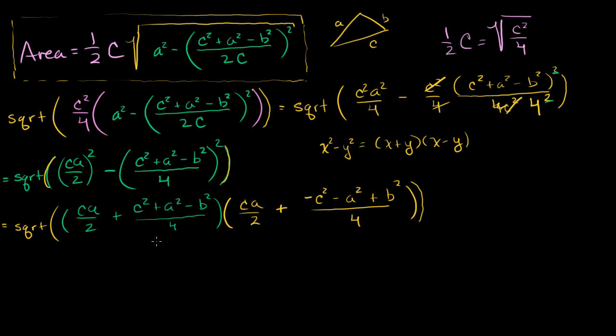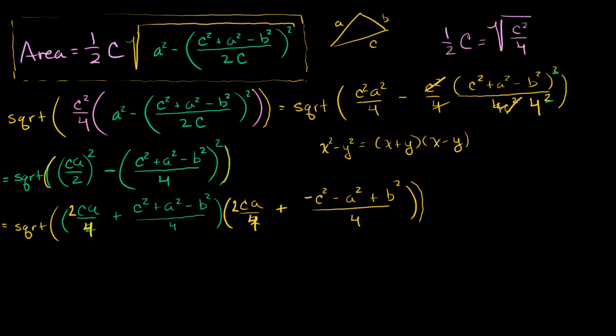Now let's see if we can simplify this. We can add these fractions by getting a common denominator. Ca over 2 is the same thing as 2ca over 4, just multiplying the numerator and the denominator by 2. Now we can add the numerators.